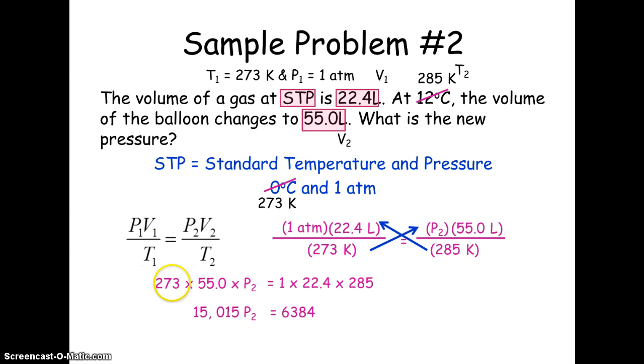Divide both sides by 15,015, and we end up with pressure 2 is equal to 0.43 atm. Make sure we've got our units backed up to pressure. In this case, we're using atmospheres. So this is how we solve for pressure, and that is how we solve a combined gas problem.